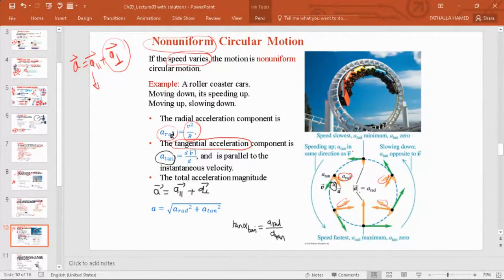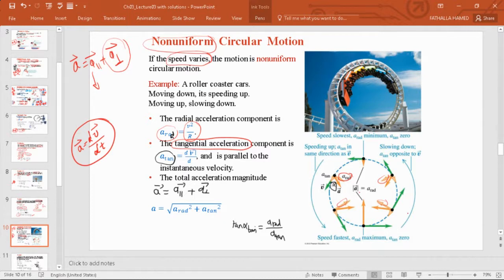And you know that acceleration is delta V by delta T. The tangential acceleration is tangent to the circle, so it's going to be in different directions.